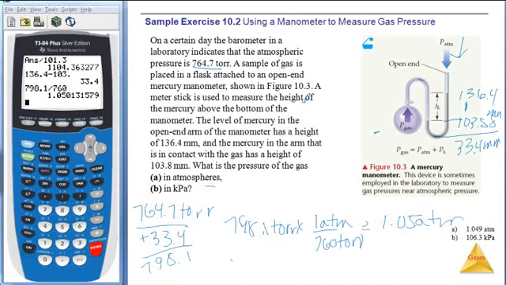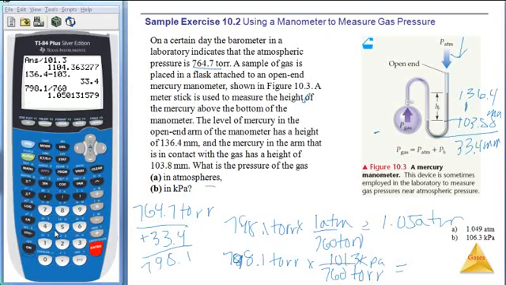And I can do the same thing for part B. We want the answer in kPa, so 798.1 torr, and 760 torr is the same as 101.3 kPa.